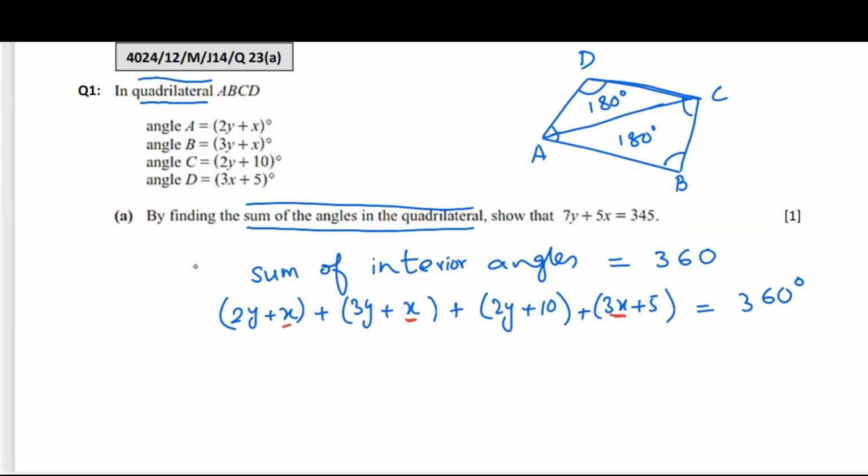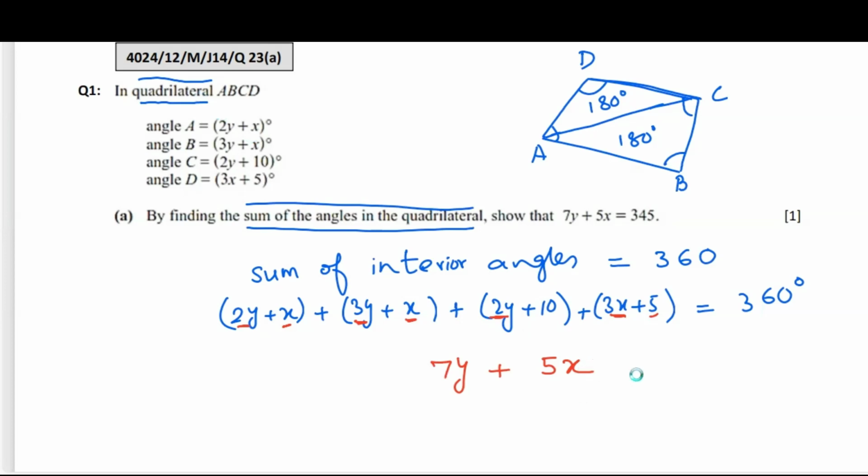So we have 5x here, and 2y plus 3y, 5y plus 2y is 7y. So plus 7y, which is equal to, and the numbers are 5, 10, 15, plus 15 here.